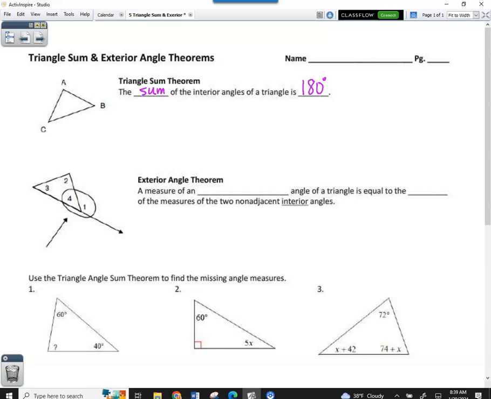It can be one of those gigantic obtuse triangles. It can be some little weird triangle. It does not matter, okay? All three angles add up to exactly 180. Never 179, never 180.1. It is exactly 180 on the dot, okay?